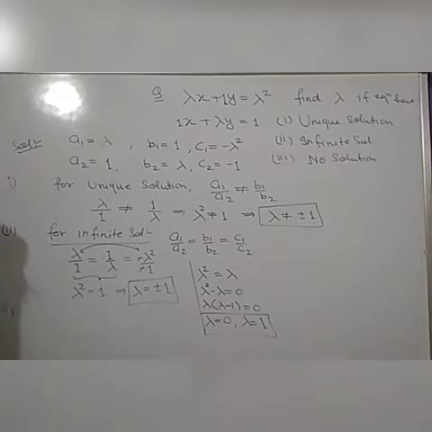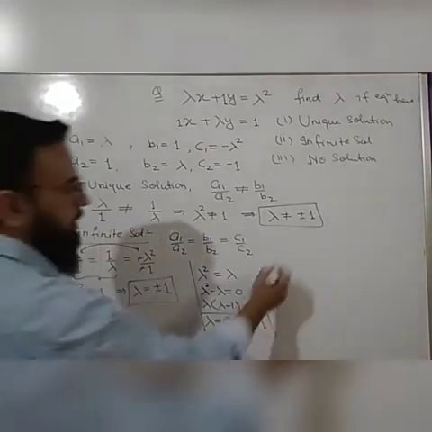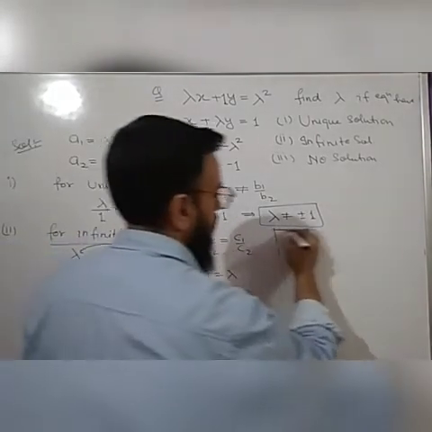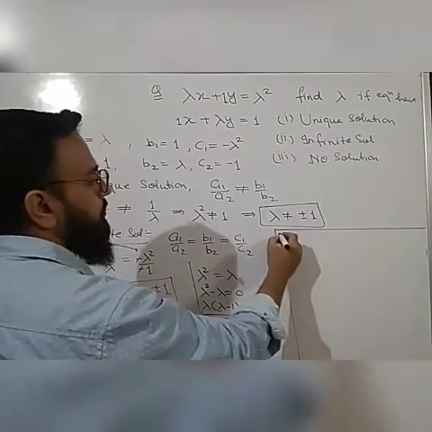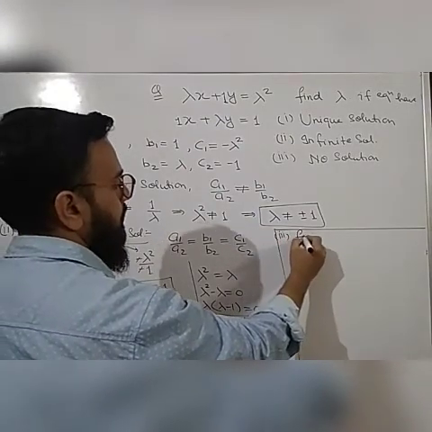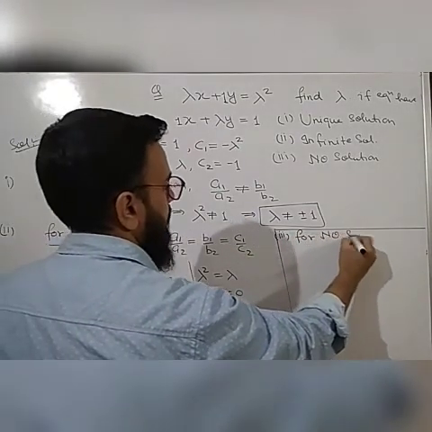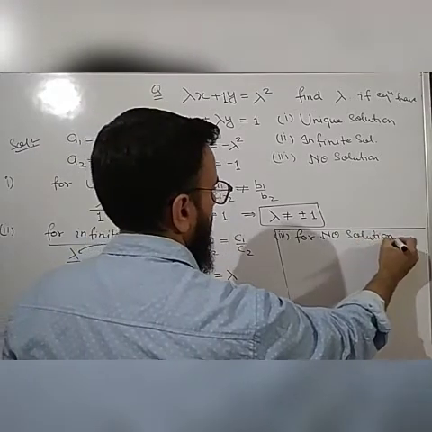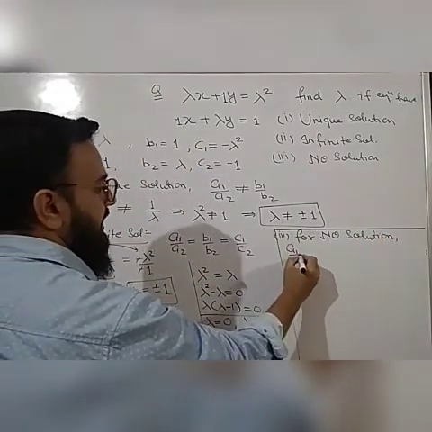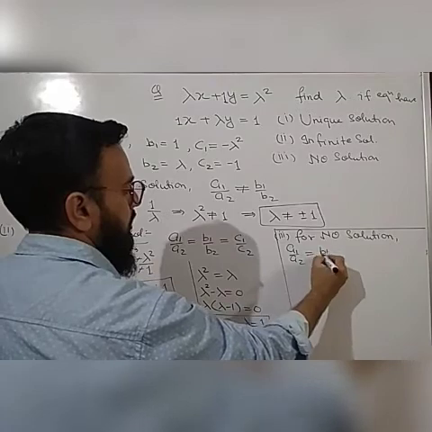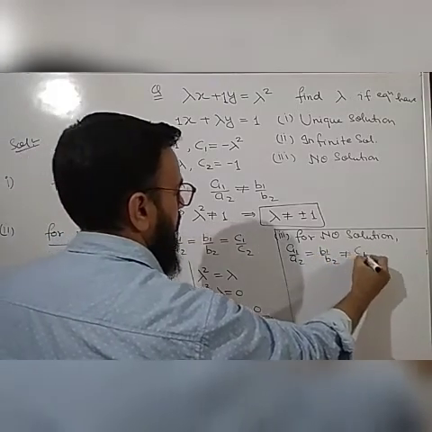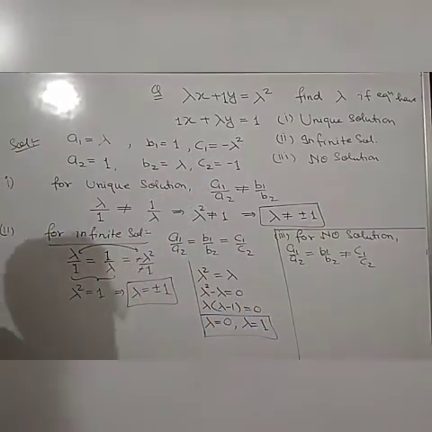Okay. Now if we talk about the third condition, that is no solution. For no solution, what is the condition? a1 upon a2 is equal to b1 upon b2 should not equal c1 upon c2.